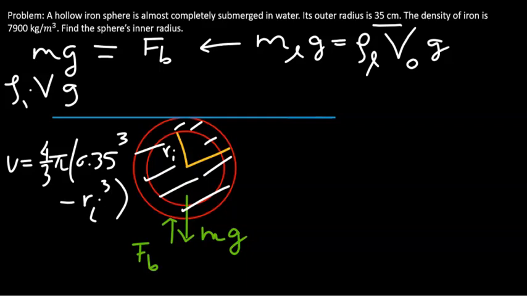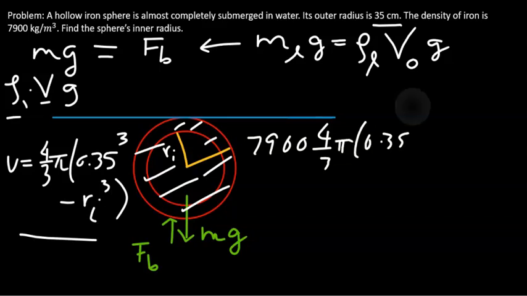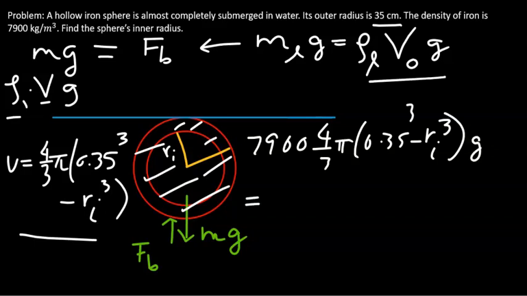So now putting everything together, equating the left-hand side to the right-hand side, we get the density of iron is 7,900 kg per cubic meter. The volume of that hollow iron sphere is given by that expression. So it's 4/3 pi, 0.35 cubed minus r sub I cubed, g, equals the right-hand side, which is the density of the liquid, and we know it's water, so the density of water is 1,000 kg per cubic meter.